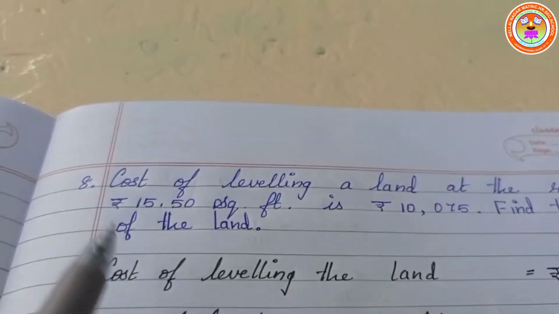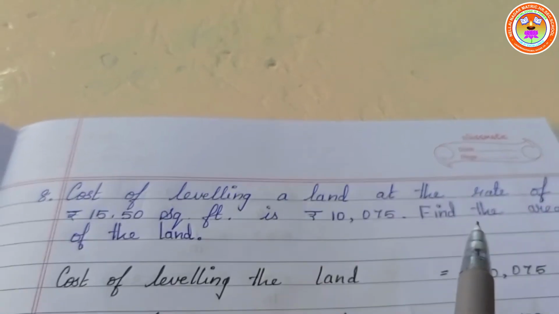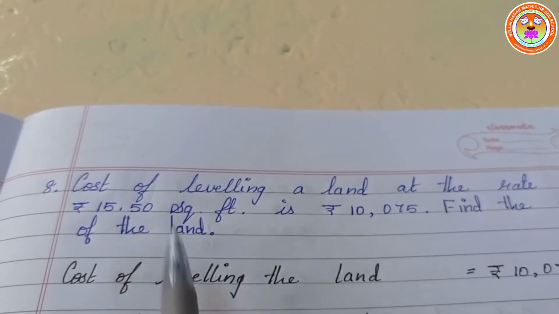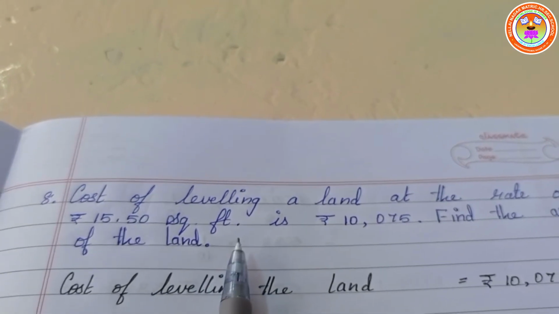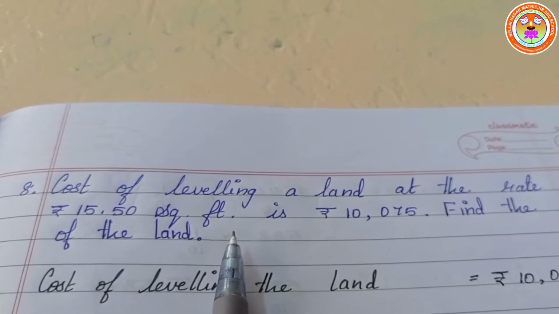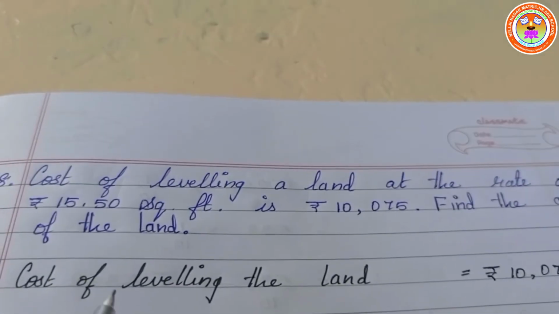Next question. Question number 8. Cost of levelling a land at the rate of 15 rupees 50 paise per square feet is rupees 10,075. Find the area of the land.